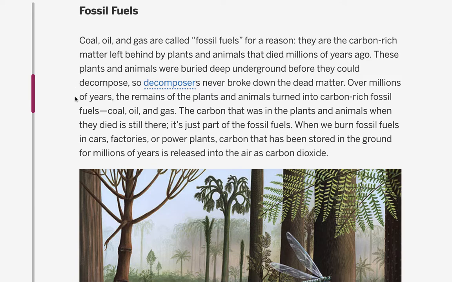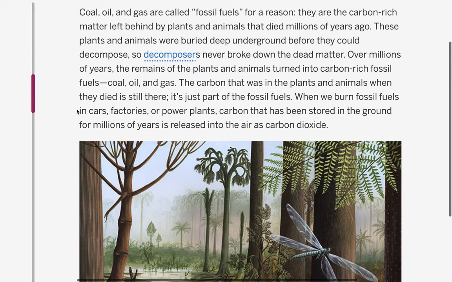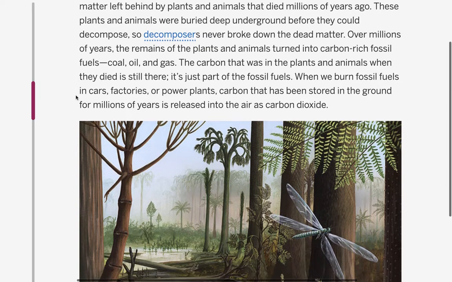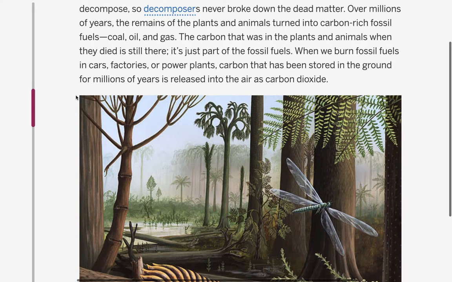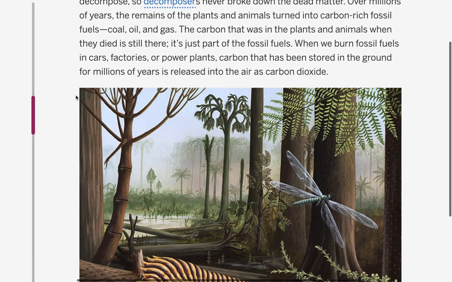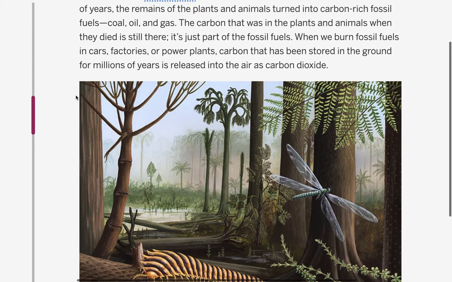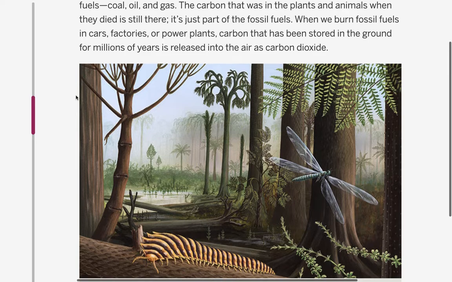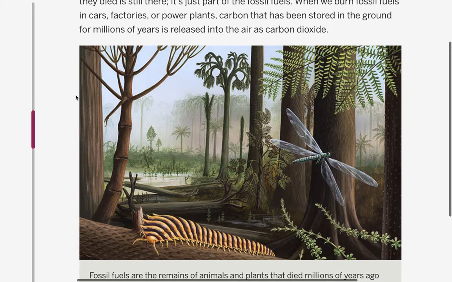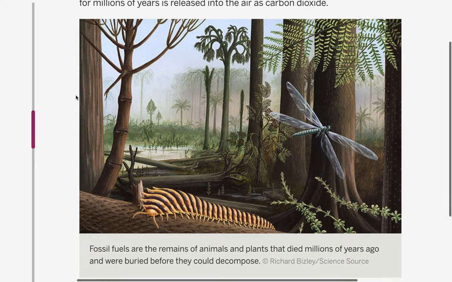Over millions of years, the remains of these plants and animals turned into carbon-rich fossil fuels: coal, oil, and gas. The carbon that was in the plants and animals when they died is still there. It's just part of the fossil fuels. When we burn fossil fuels in cars, factories, or power plants, carbon that has been stored in the ground for millions of years is released into the air as carbon dioxide.